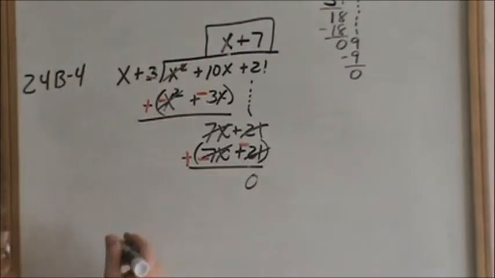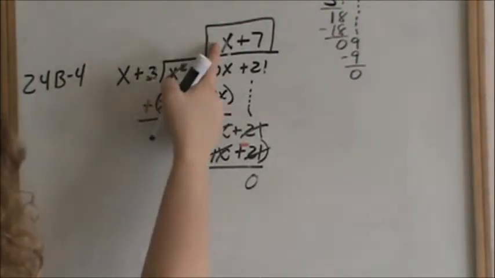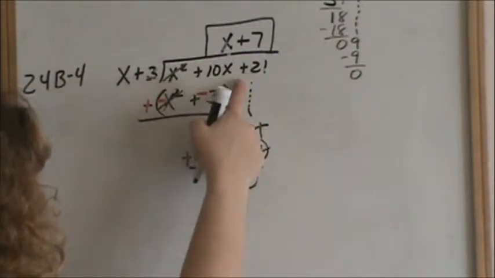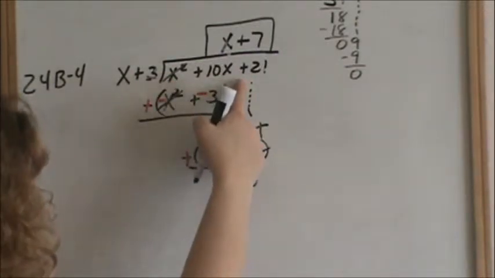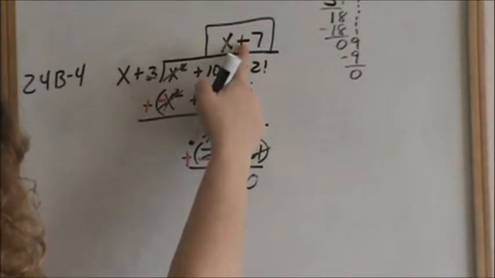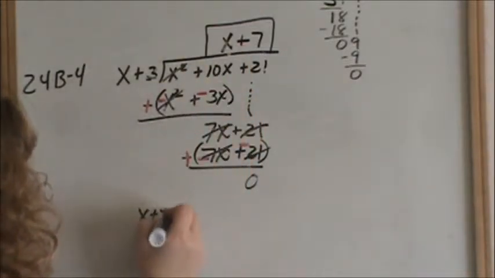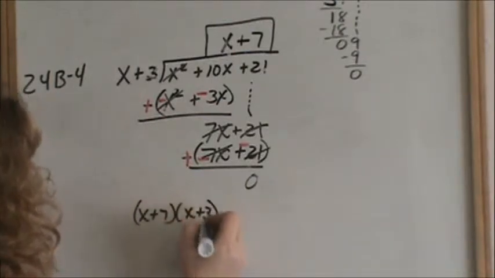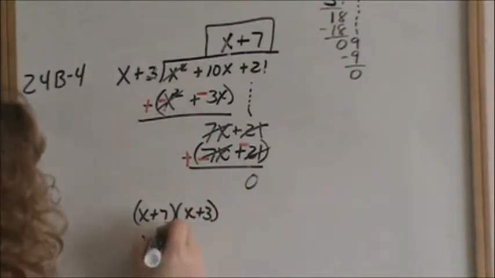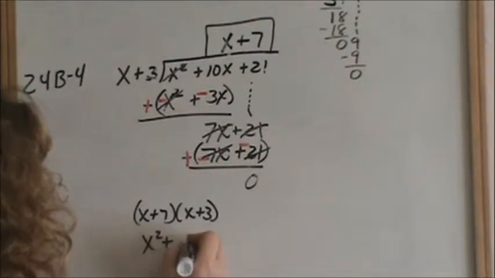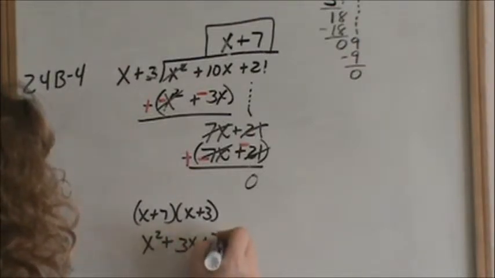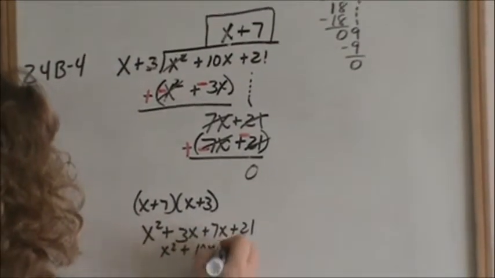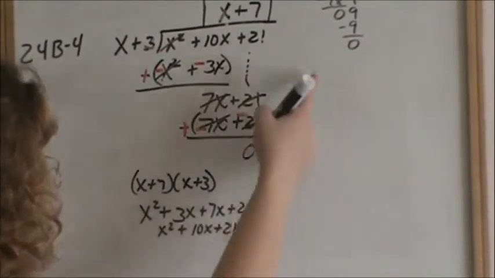And to check it, you go back and say x plus 7 times x plus 3 should give you what's under this division house. So to check it, we can say x plus 7 times x plus 3, and that should equal what was under our division symbol, x squared plus 3x plus 7x plus 21, x squared plus 10x plus 21, and it does check.